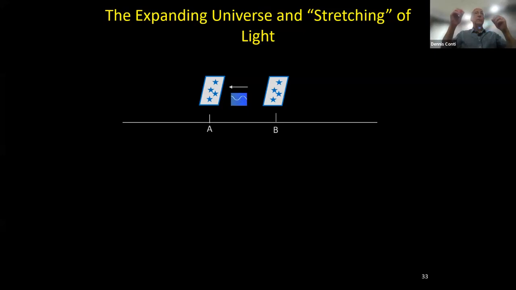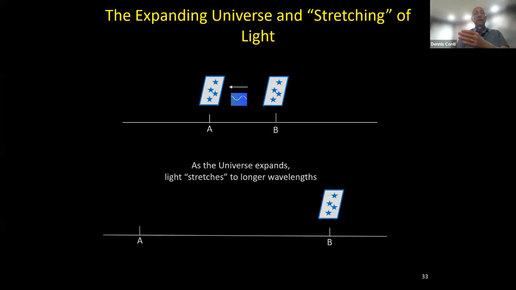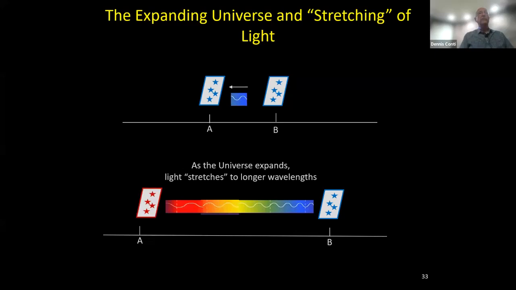So again, imagine a balloon, A and B on a balloon. A and B points are still there, but the balloon is stretching. So as A and B are stretching apart, when the blue stars at B start getting to A, the wavelength starts stretching. So it goes from blue to green to yellow to red, and then into the infrared.